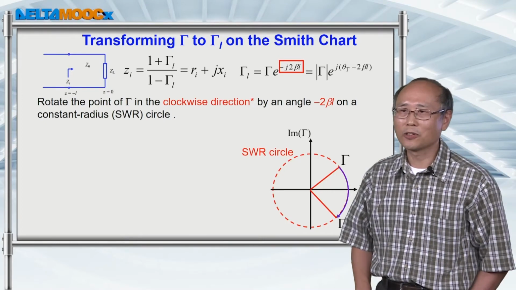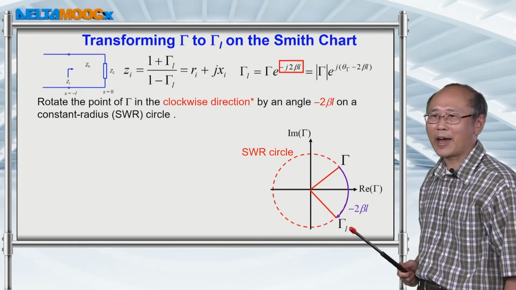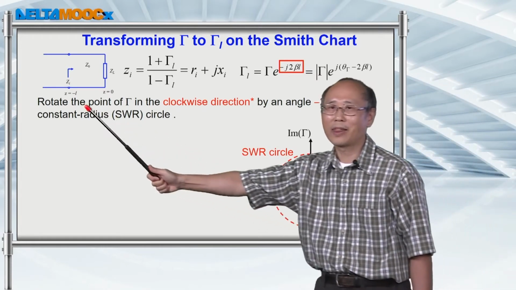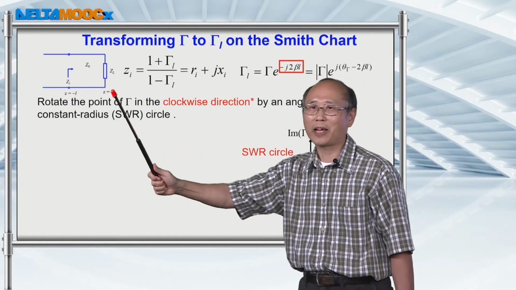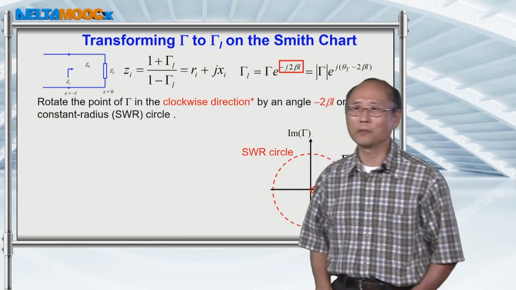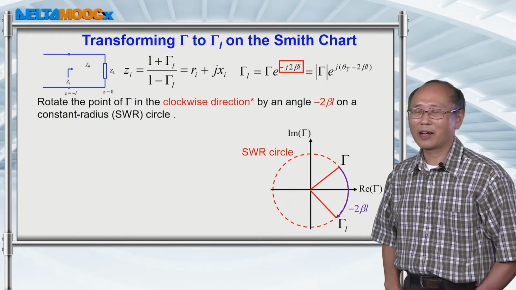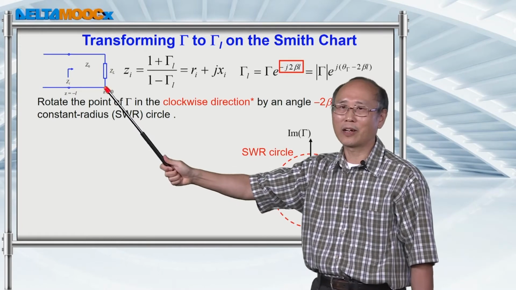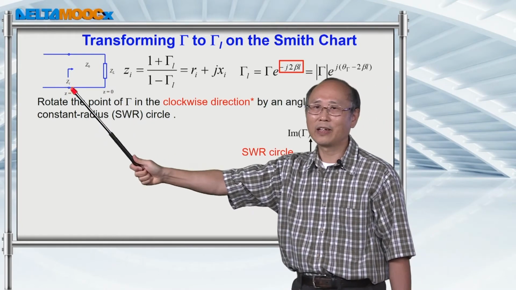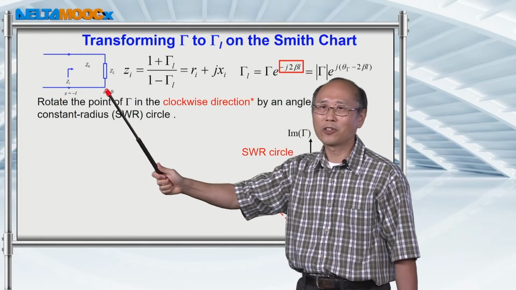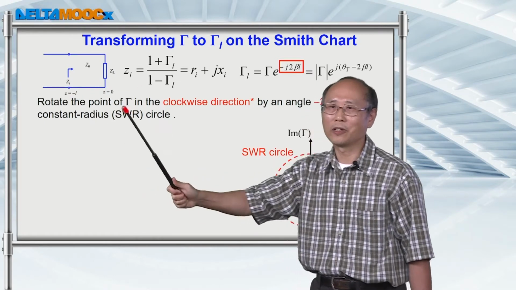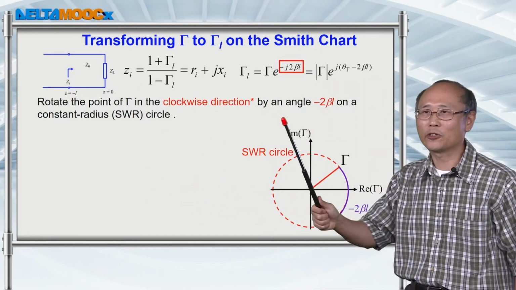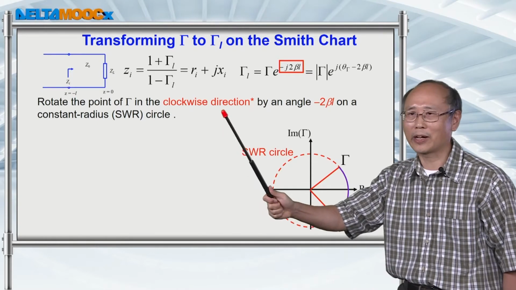So this is how you derive gamma L at this location with respect to the gamma at this point. Because we try to use the gamma value to find the gamma L value here, we're moving toward the generator. And moving toward the generator is along the clockwise direction.